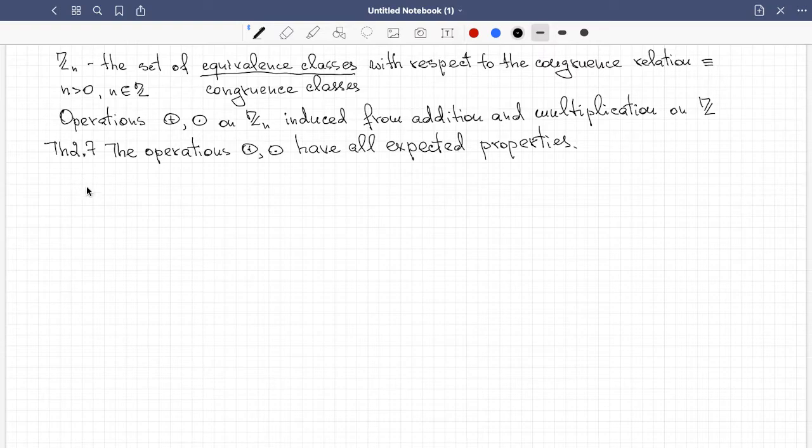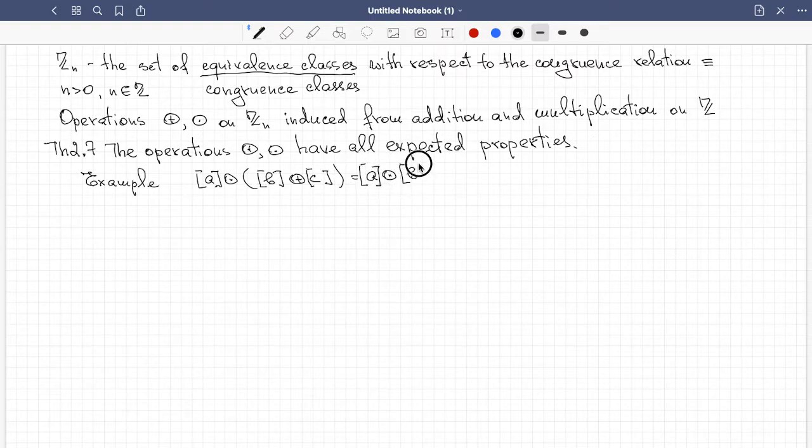For example, we have that for any three congruence classes A, B, and C, A multiplied by B plus C is equal to A multiplied by B plus A multiplied by C.